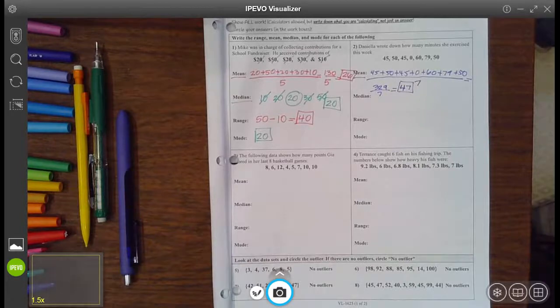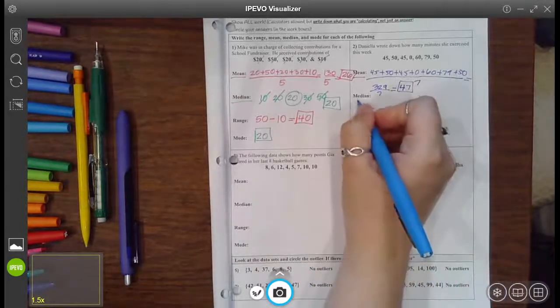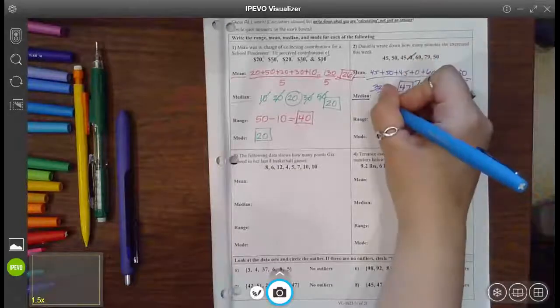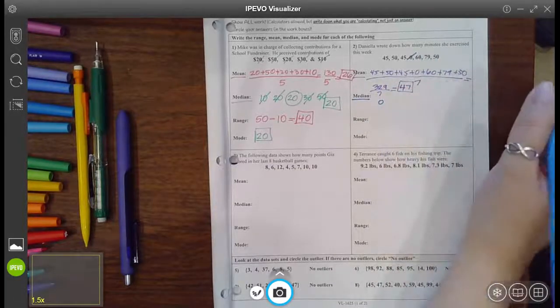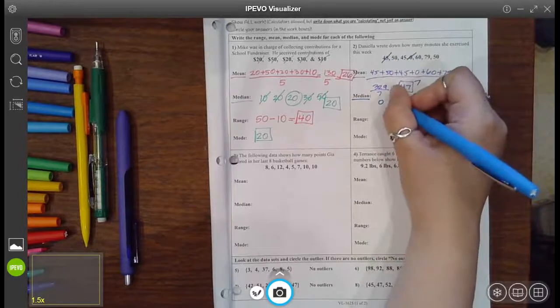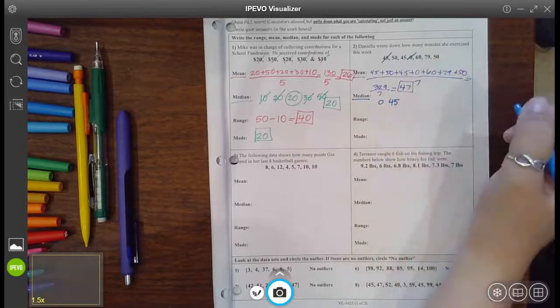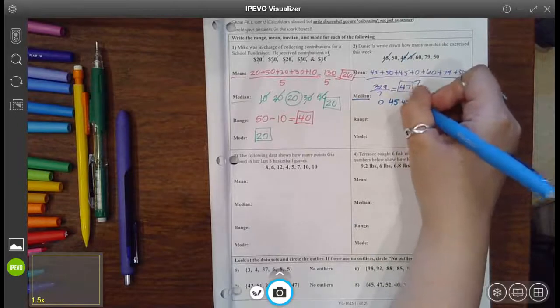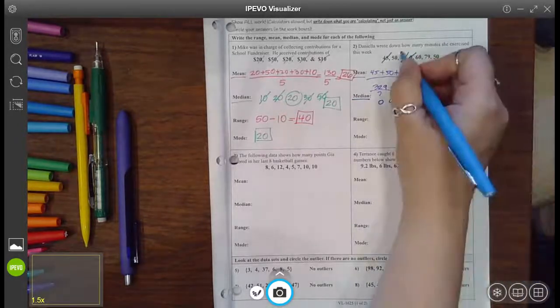Your median, we need to put them in order from least to greatest. So the first number I see is 0. Then the next smallest, 45. Oh, I see another 45. 50.